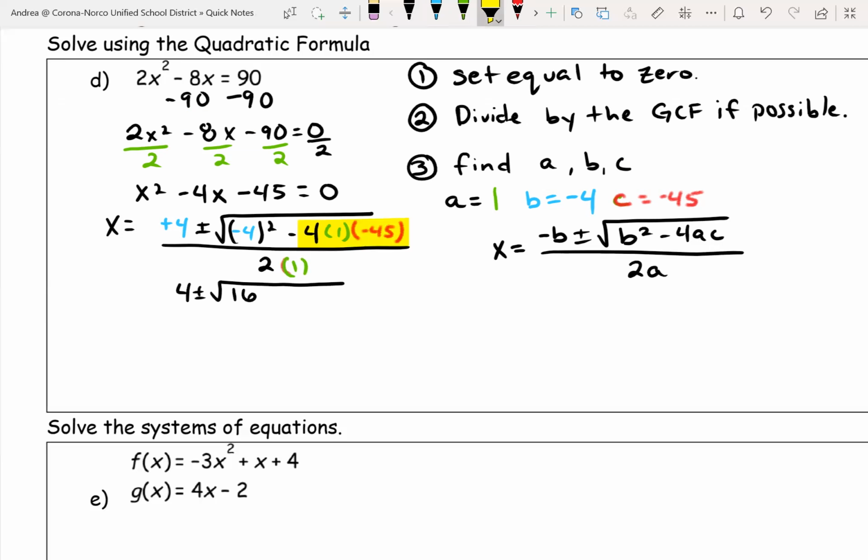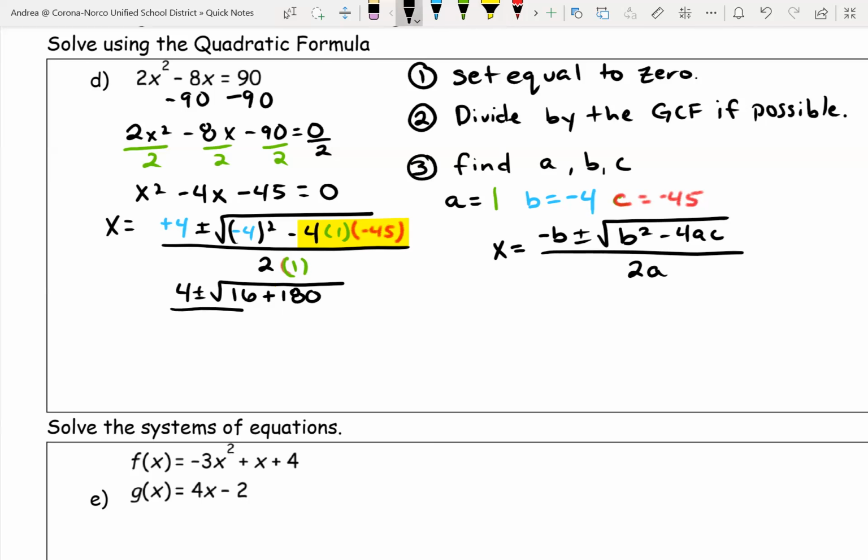So you do negative 4 times 1 is negative 4. Negative 4 times negative 45 is a big number: 180. A negative times a negative makes this positive. It is a positive 180.